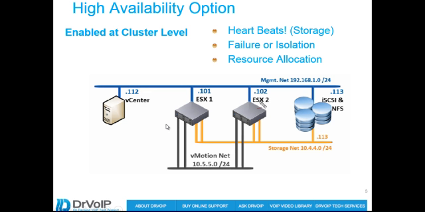Now, in fault tolerance, we've got an entirely different situation. When we create fault tolerance, we actually have a second instance of the ShoreTel headquarters server running on the second machine.